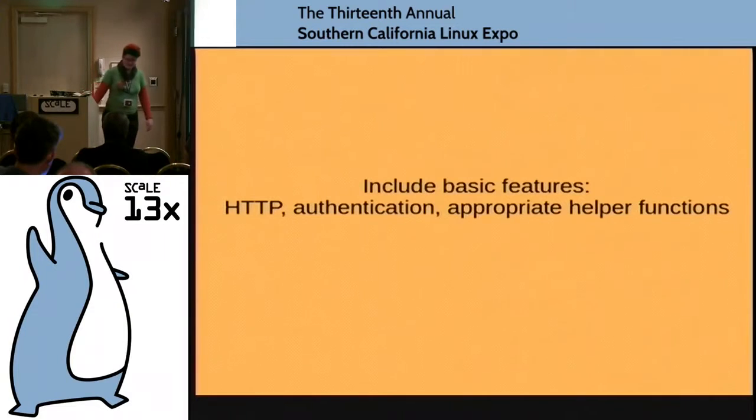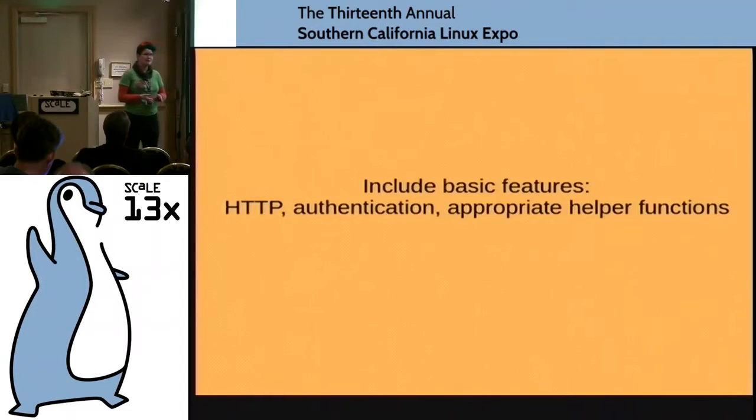All right, so we've successfully installed it and gotten it running. All right, so a library that's easy to use should have enough features to make it worth using. In general, it should handle HTTP. It should handle authentication if that's a concern.